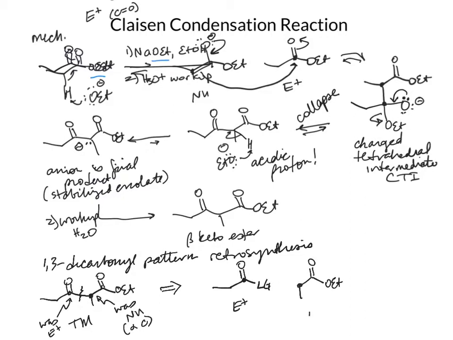So here's our alpha carbon nucleophile and our carbonyl carbon electrophile. And typically the leaving group we use here would be an ester. The ethyl ester is very commonly used because it's commercially available typically. That's the most common one to encounter. And so this disconnection would lead back to a self-aldol condensation.